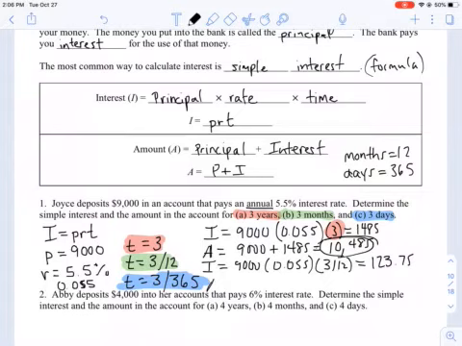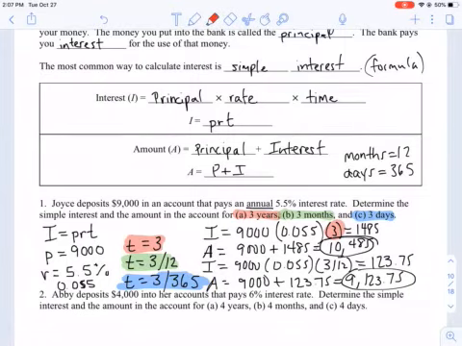So there's my interest. If I want to find the amount, I take my principal plus my interest. And there we go. There's how much will be in the account after 3 months. And again, if you just wanted to calculate the last part, you would just replace this with the 3 out of 365.